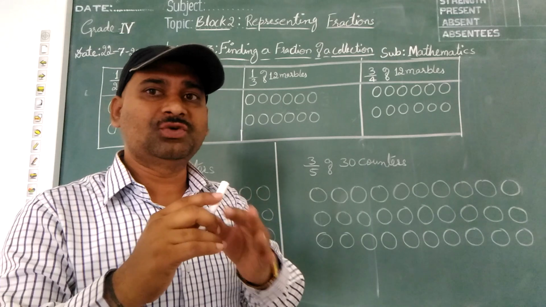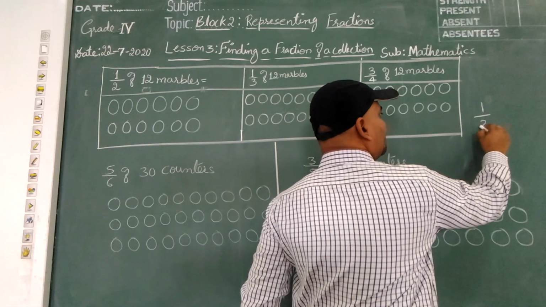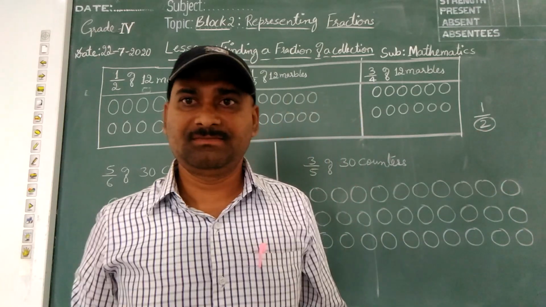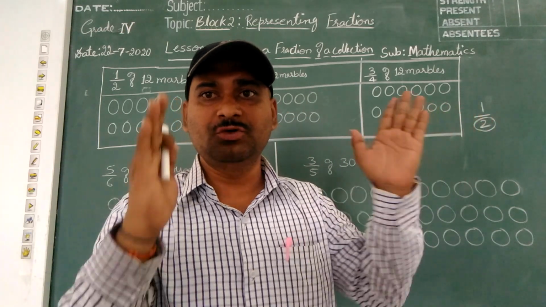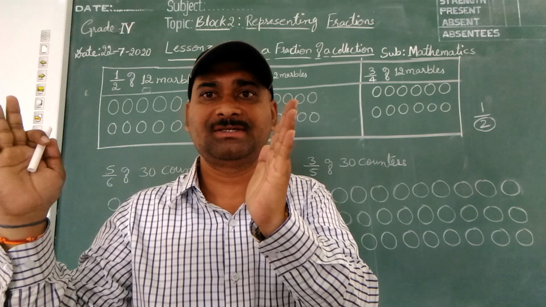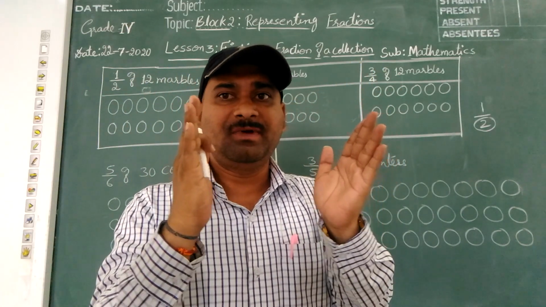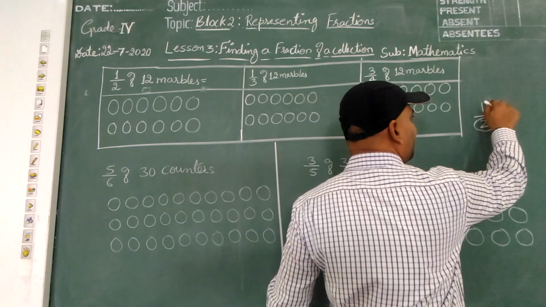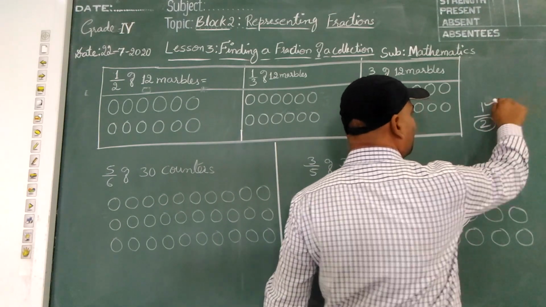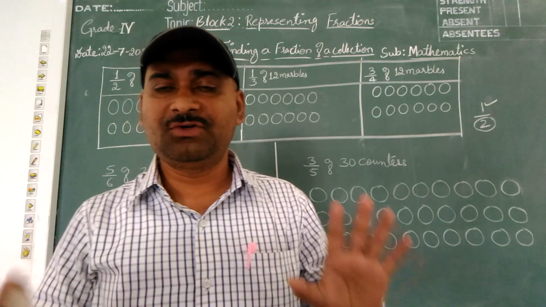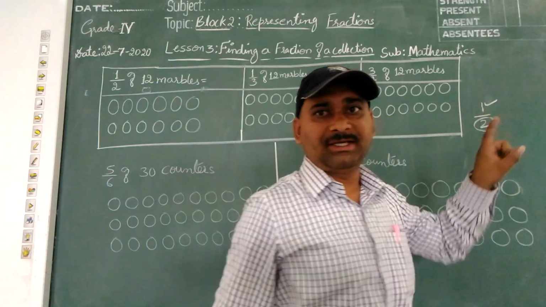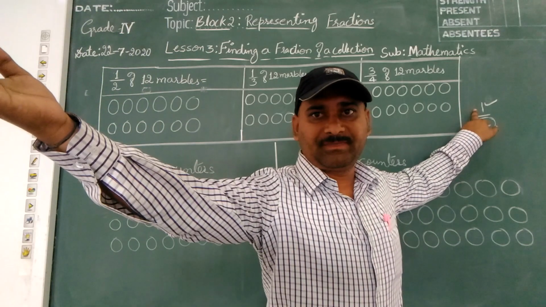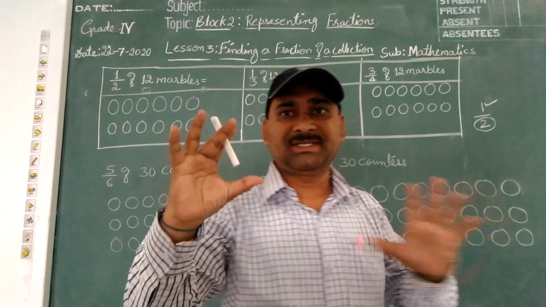So in this 1 by 2, the 2 shows the number of groups. 2 groups we made out of 10 pencils, 5 in one group and 5 in the other group. So out of 2 groups we are selecting only one group, and this is given to my friend.